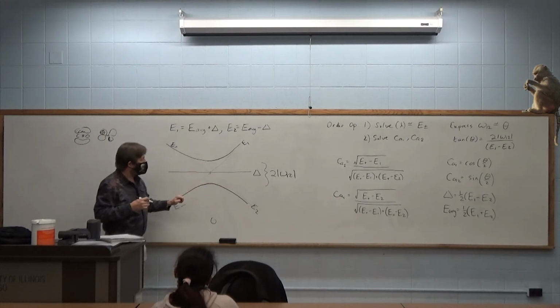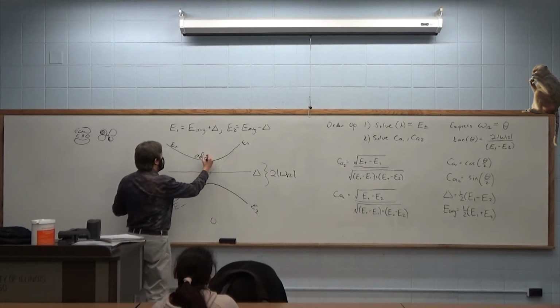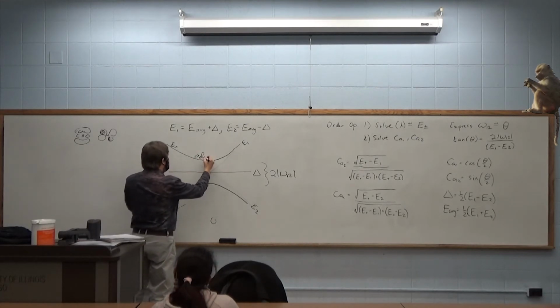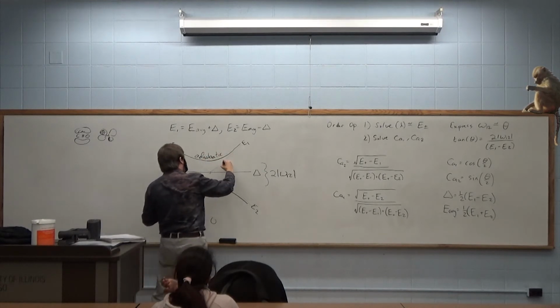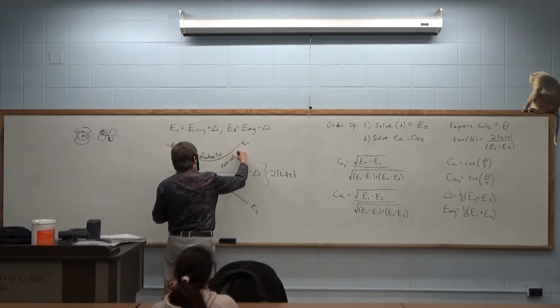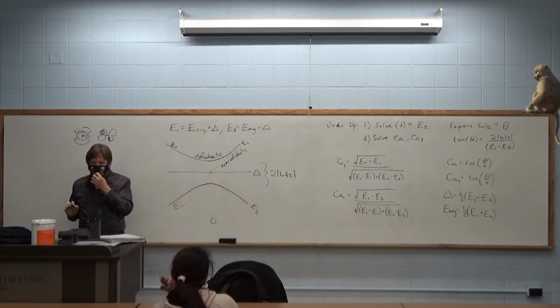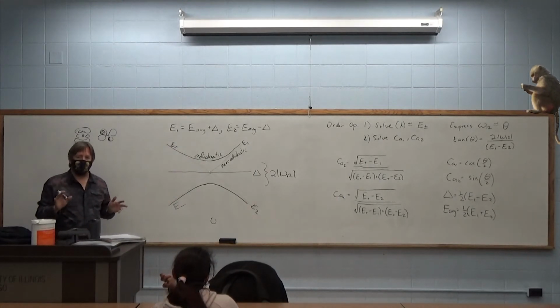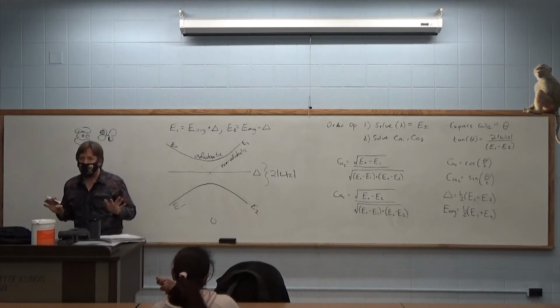Now the reason this is important is that these curves we call the adiabatic, and the solid lines here would be called the non-adiabatic potential surfaces. You're going to see this word a fair amount, and people never define it. You're expected to know it.